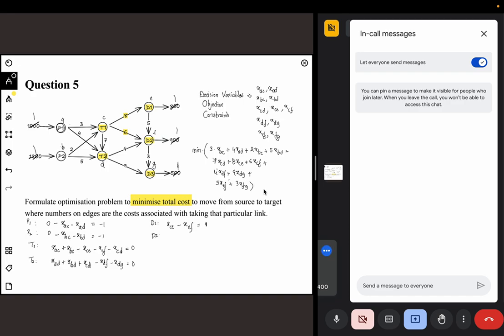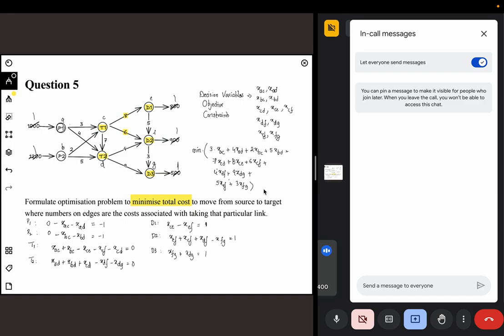Now D2. D3 is the last one. You just take XFC plus GC should be equal to 1.